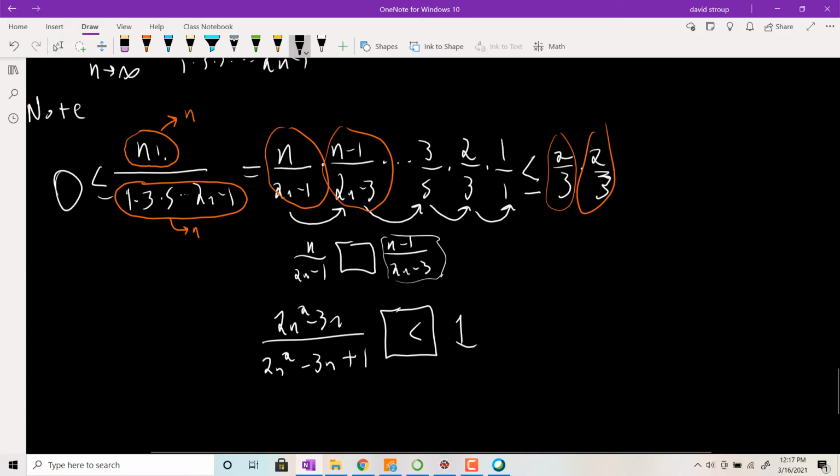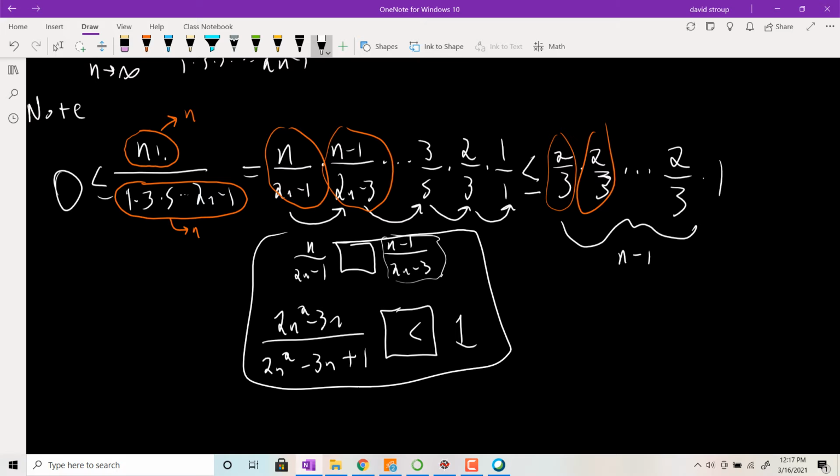So you could see each one of these terms is less than 2/3. So you can keep multiplying by 2/3 times 2/3 times 2/3 dot dot dot times 2/3. How many of these are there? Well, there's n minus 1 of them. The last one is times 1. If you simplify it, so let's box this material off, it'll equal 2/3 to the n minus 1.